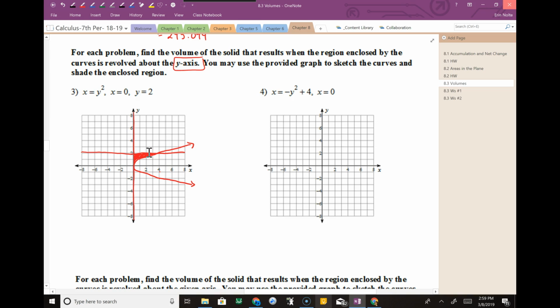Okay, it looks like it's a disc because we're revolving it around the y-axis, and this area touches the y-axis the entire time. Okay, if we were going to take this and revolve around the x-axis, coming around this way, that would create a washer. Because there would be space between the function, the area, and the line of revolution. Wait, so are you revolving it around y equals 2?